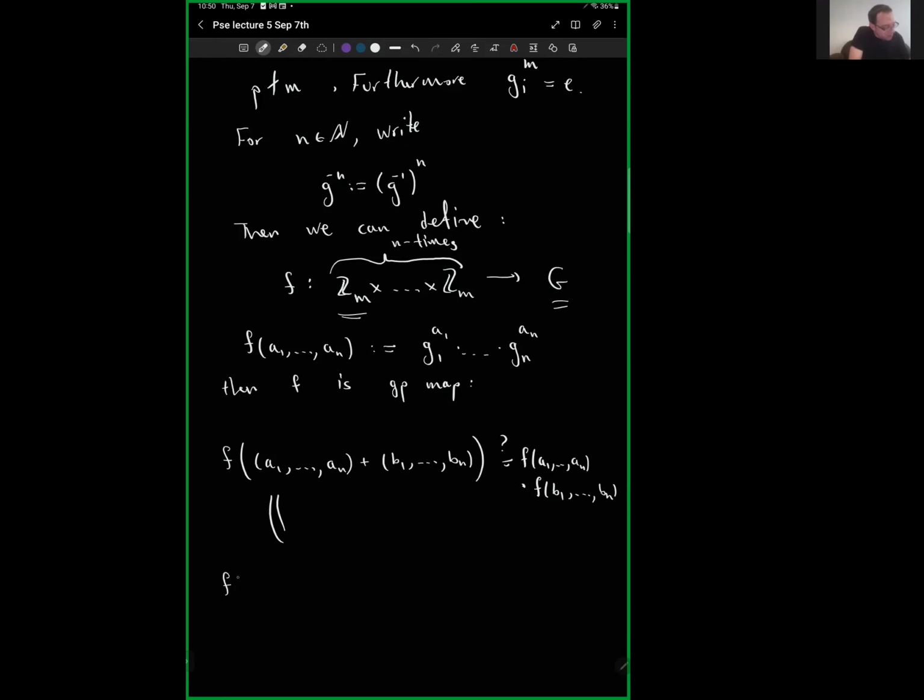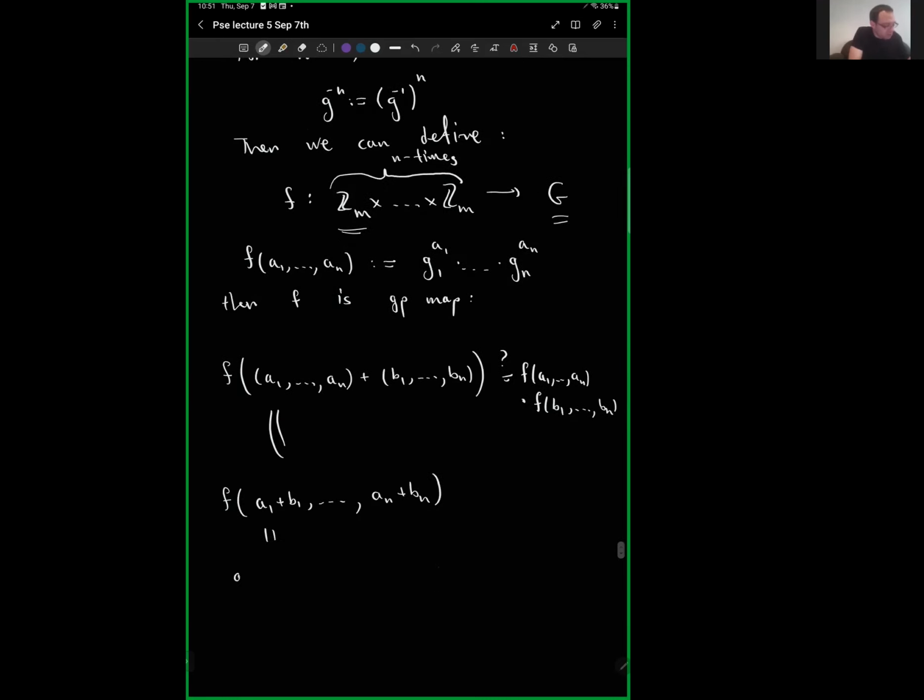So I can write it as f of a1 plus b1 up to an plus bn. But of course, this is equal to g1 to the a1 plus b1 up to gn to the an plus bn.